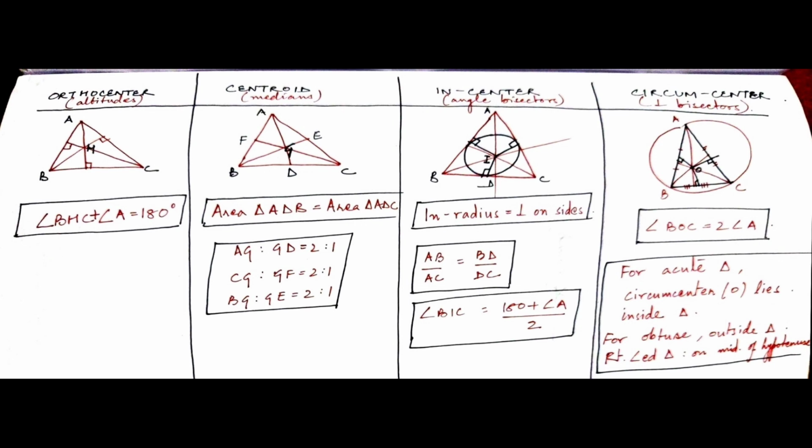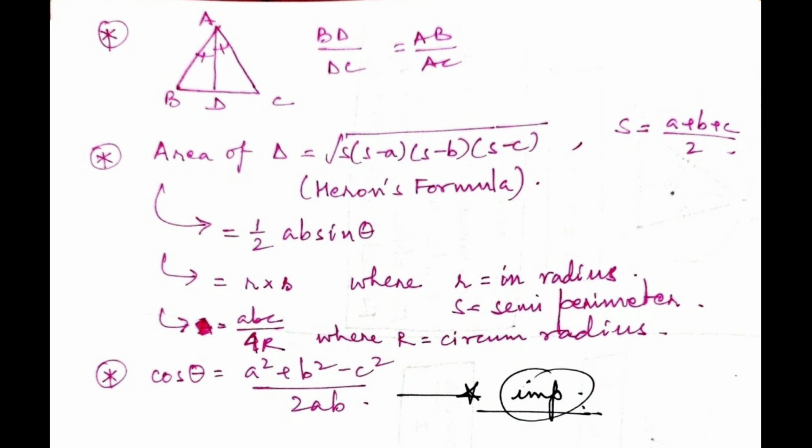These are some remaining important formulae. The first one, the angle bisector theorem, is very important. Do not skip this. So if this line AD is the angle bisector of angle A, then BD upon DC is equal to AB upon AC, like we saw just now.